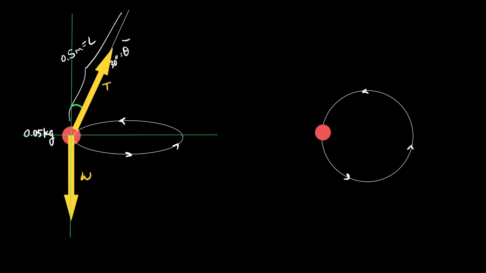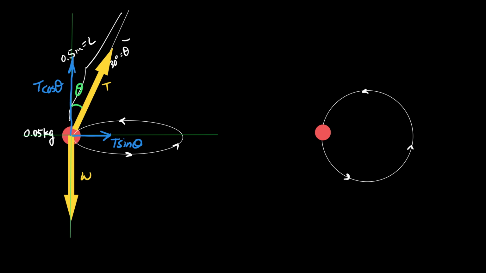This is where theta is, because those are alternate interior angles. And that means I will have a component of force this way, that is T sine theta, and a component of force this way, that is T cosine theta.